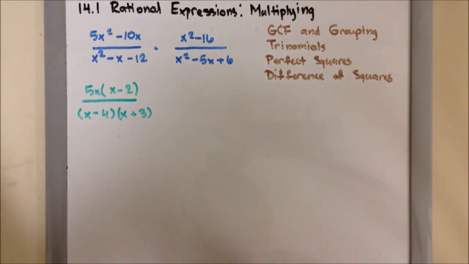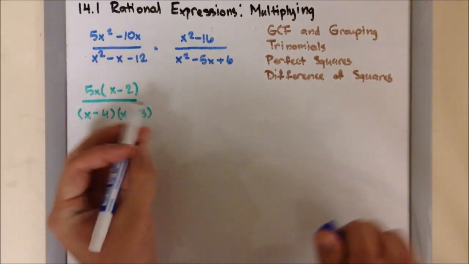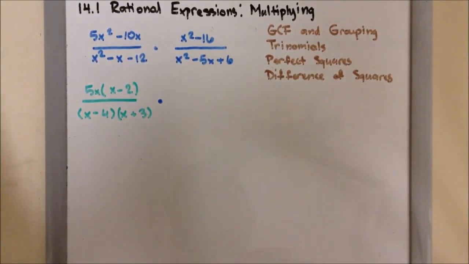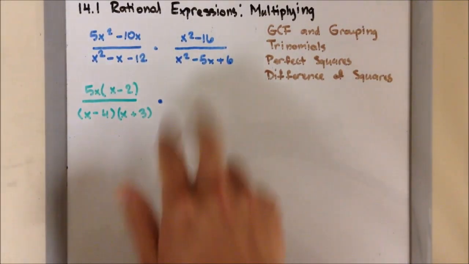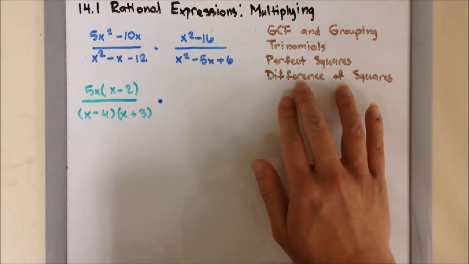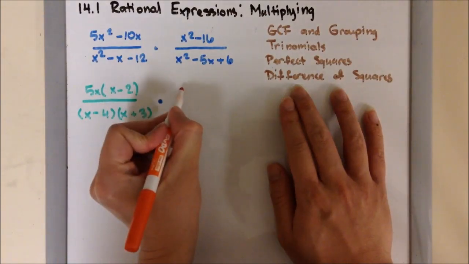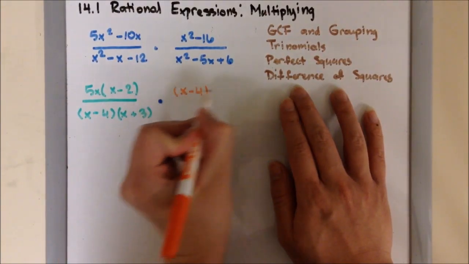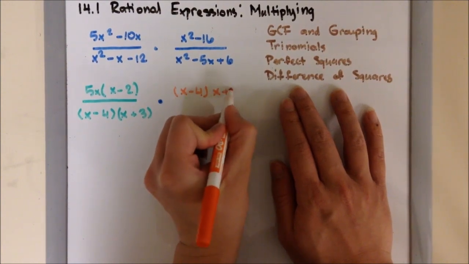Alright, now we're going to factor the second fraction. In the numerator, it's x squared minus 16. Those two are perfect squares, so I'm using the rule for difference of squares. So my numerator is going to be x minus 4 times x plus 4.